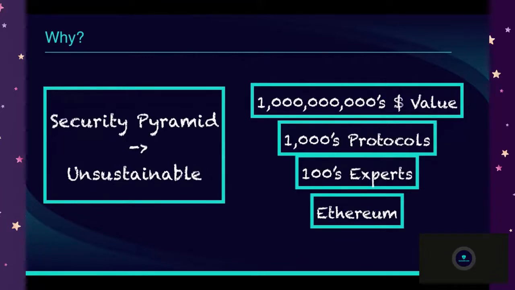So things are not isolated or siloed as we may think. So when you have all these billions of dollars of value in thousands of protocols, unfortunately the security of all that value and those protocols is being shouldered by really hundreds of experts. And this is probably being generous.